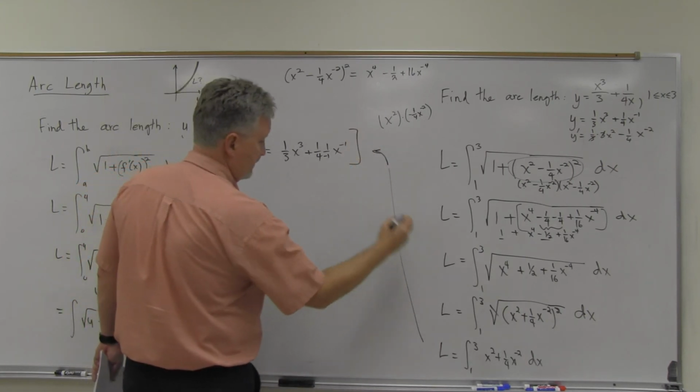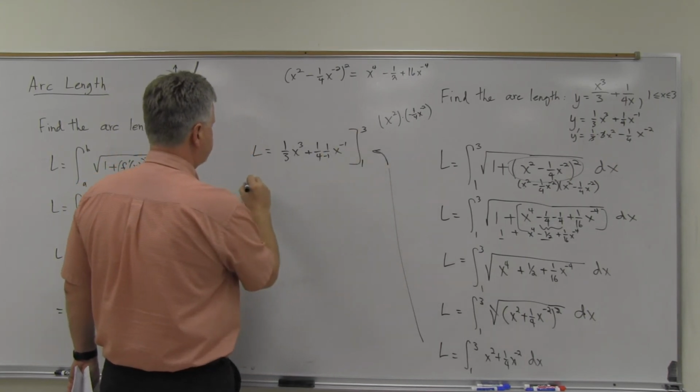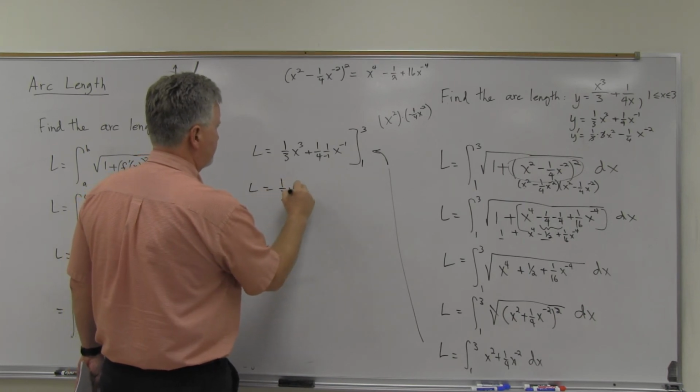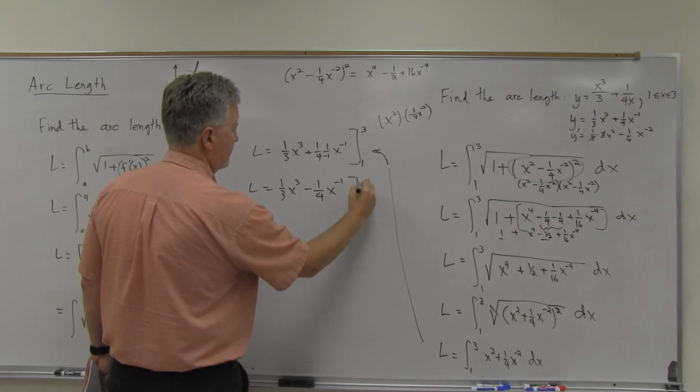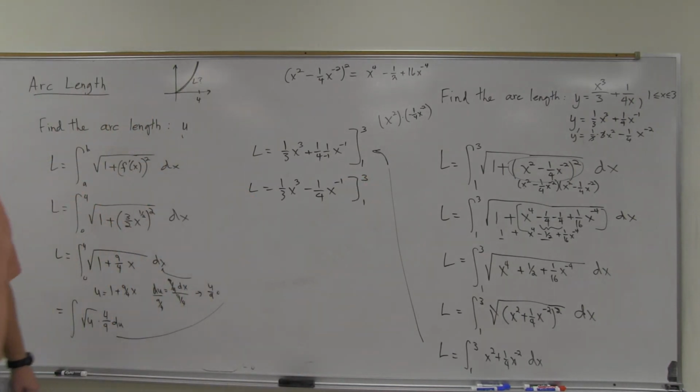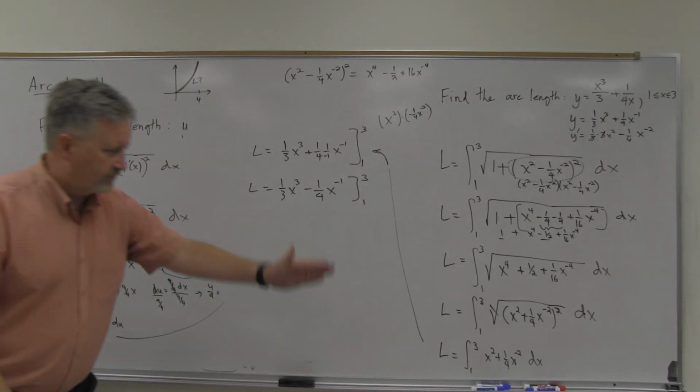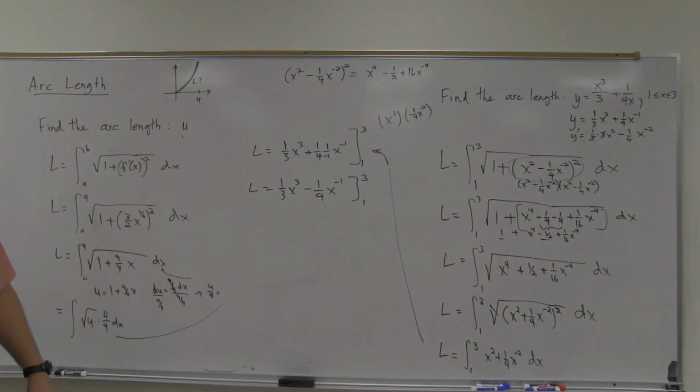And then you're going to run it from 1 to 3. So we've got 1/3 x cubed minus 1/4 x to the minus 1 from 1 to 3. Because you got rid of the square root, it's just a nice simple antiderivative. Question?